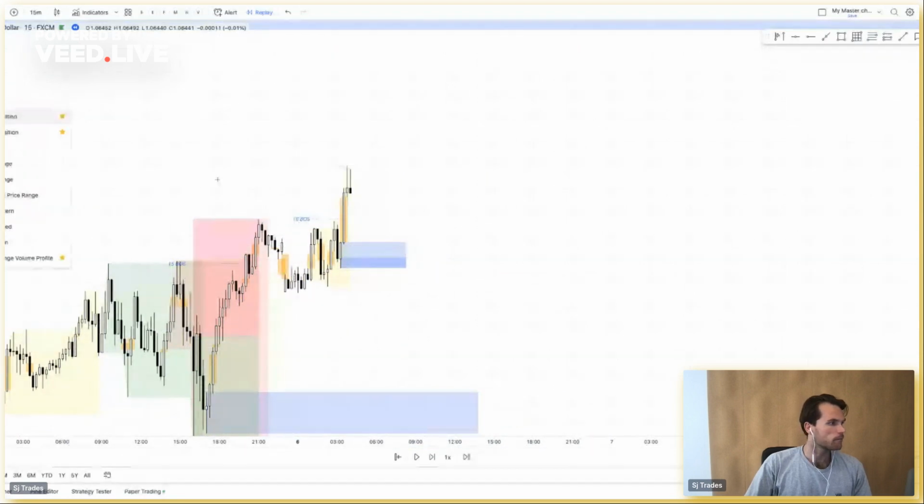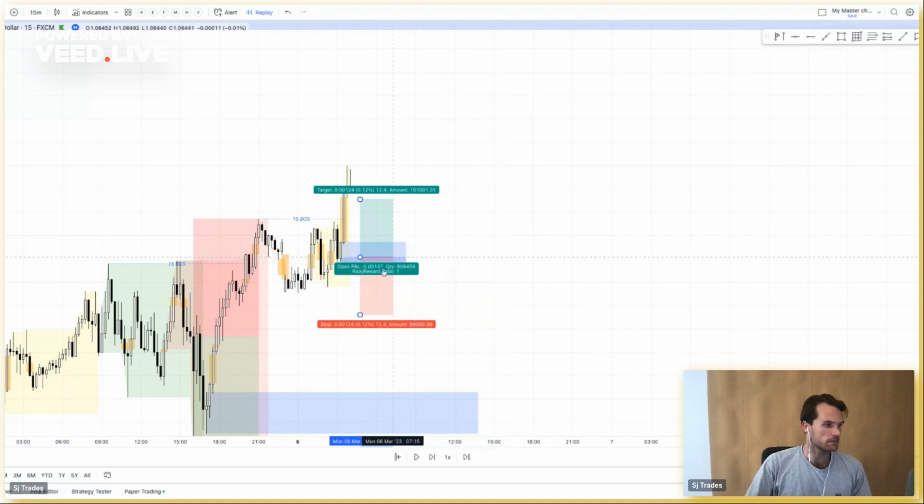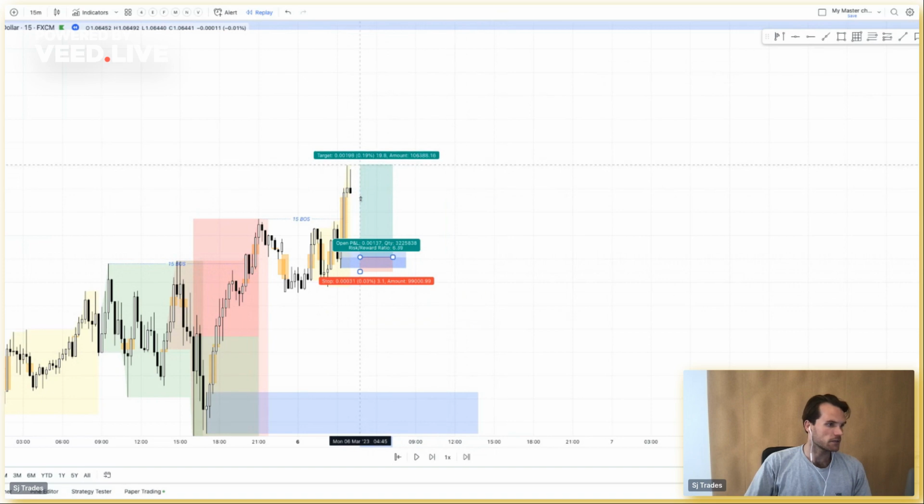This is the 2 minute inside the 15-minute. Some room. 0.6 generally, I say, for the spreads. And I'm guessing this would be the high.